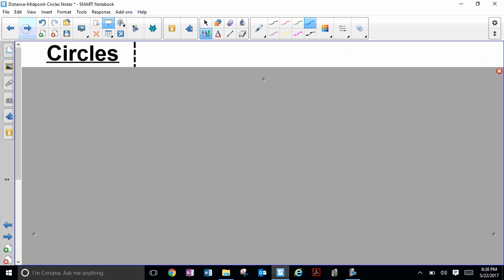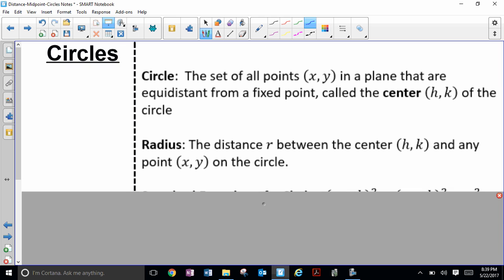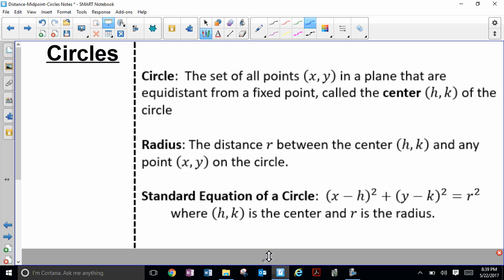All right, so when you go to the next to last page, circles is your main idea. This is our last main idea to go over. I put some definitions in there for you.